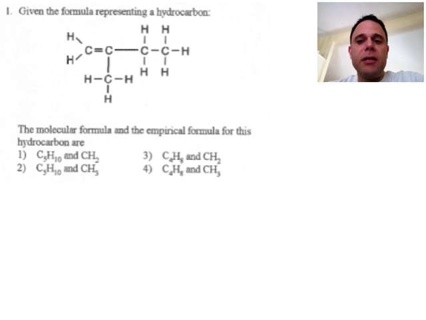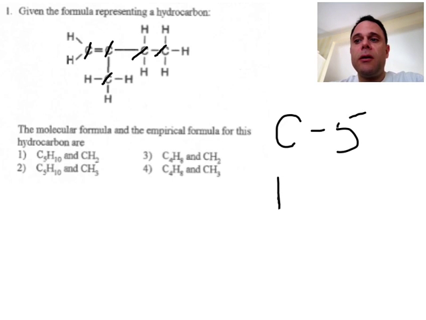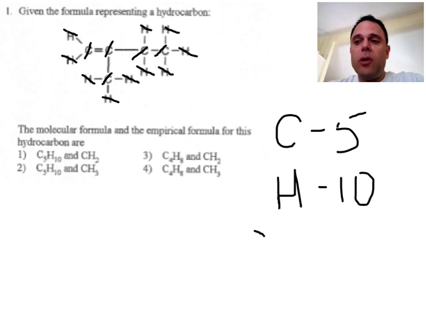So the task is to count how many atoms of each we have. How many carbons? We have 1, 2, 3, 4, 5. We have 5 carbons. How many hydrogens? 1, 2, 3, 4, 5, 6, 7, 8, 9, 10. We have 10 hydrogens, building a formula of C5H10.